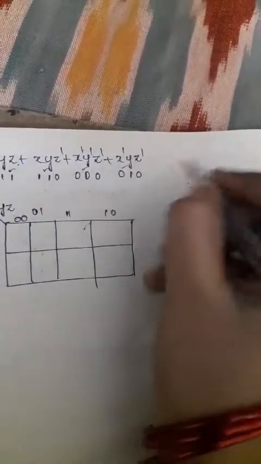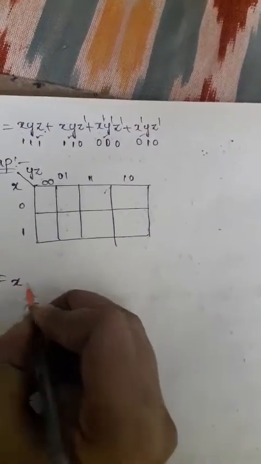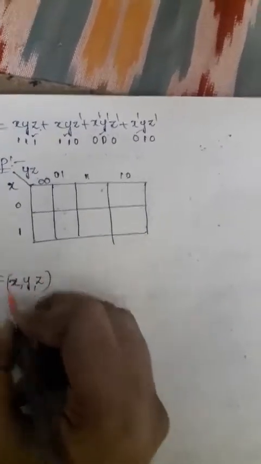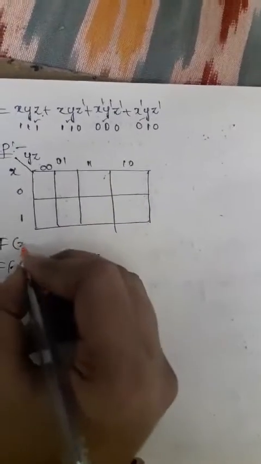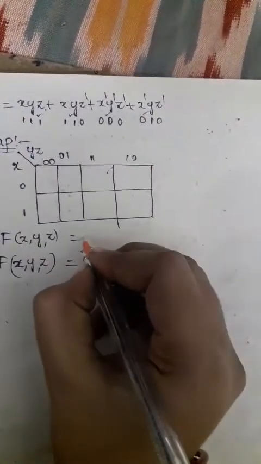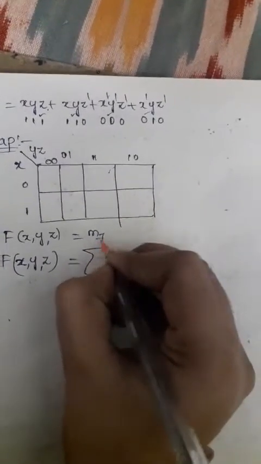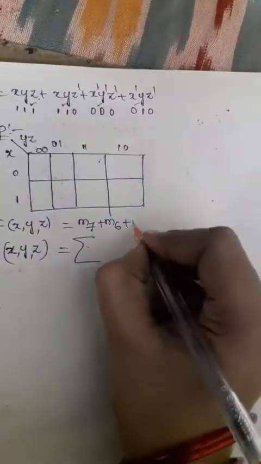So you have to check it here. F of x y z, I can write the minterm equation first. F of x y z is equal to 111, which is M7, then 110, that is 6, M6, plus 000, M0, plus 010, M2.